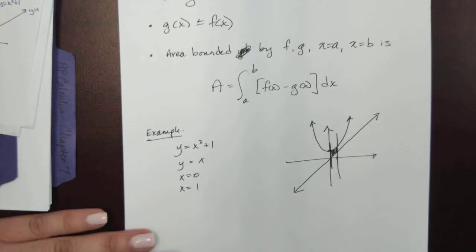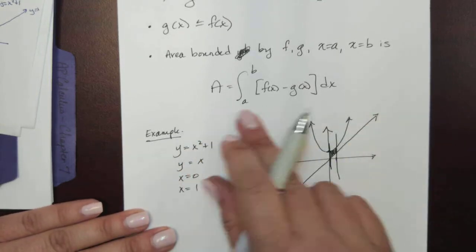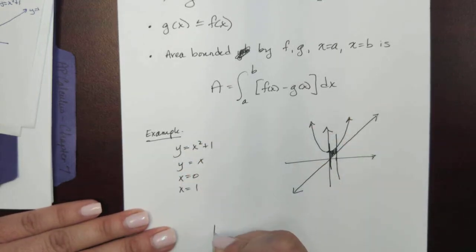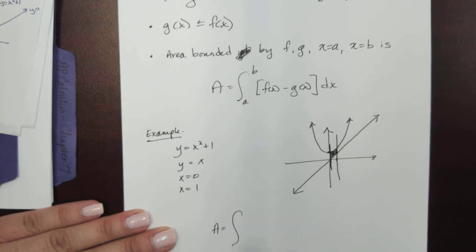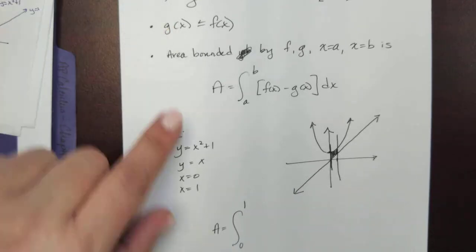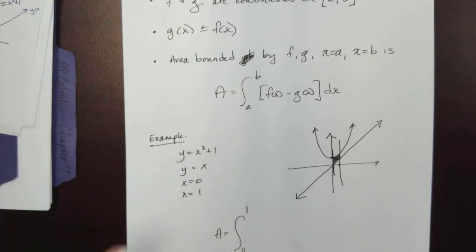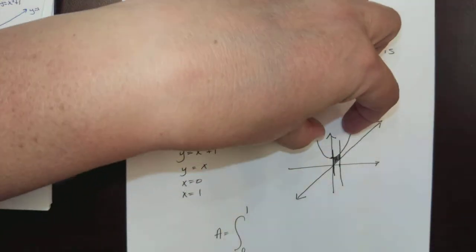Okay, so based on this equation, my area is going to equal the integral. My x bounds are 0 to 1. And up here, f of x is the function that's greater than g of x. Which one is my f of x? The parabola, the one up top.